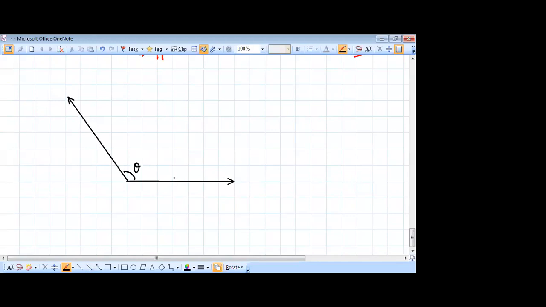So theta has to be some obtuse angle, and magnitude of A has to be equal to magnitude of B. It has to be this type. That already gives you the answer to the first part, that magnitude of A is to magnitude of B will have to be 1:1. But apart from that, let's see what else we can figure out.